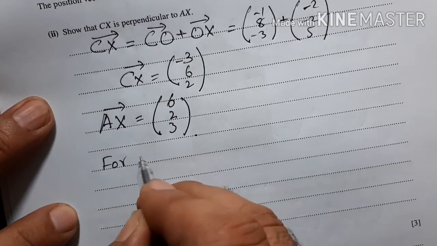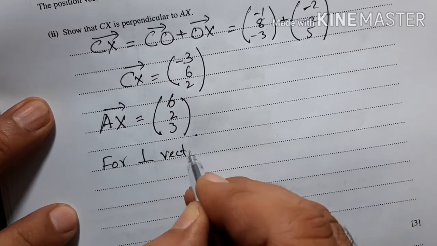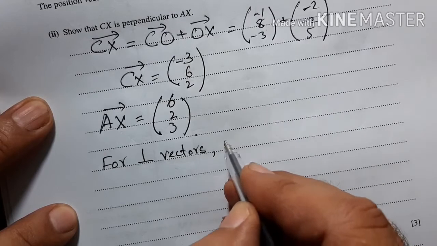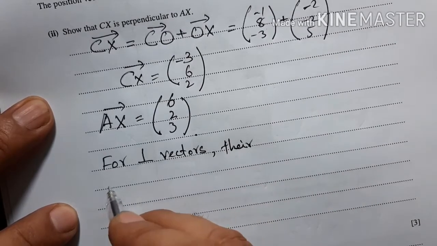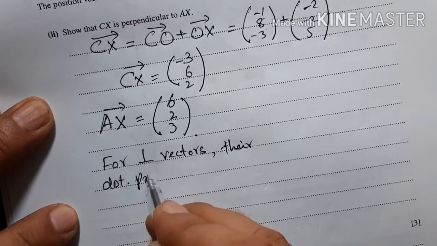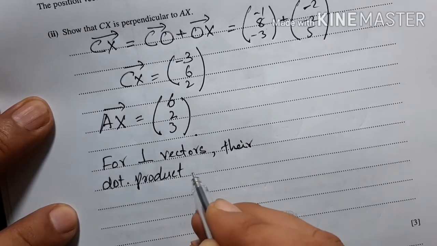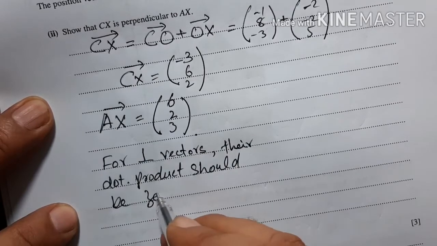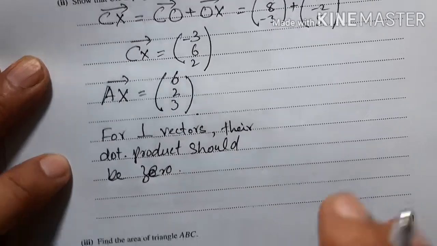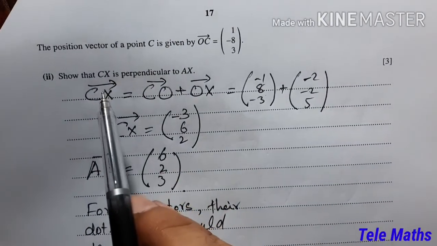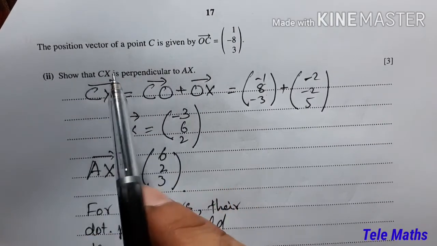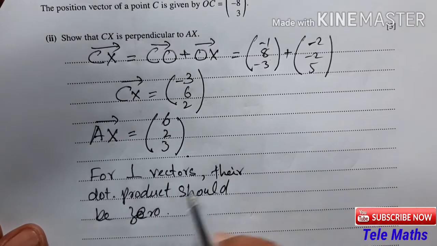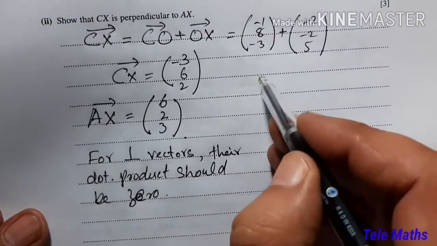Because we need to prove that CX is perpendicular to AX, let's check whether their dot product is 0 or not.